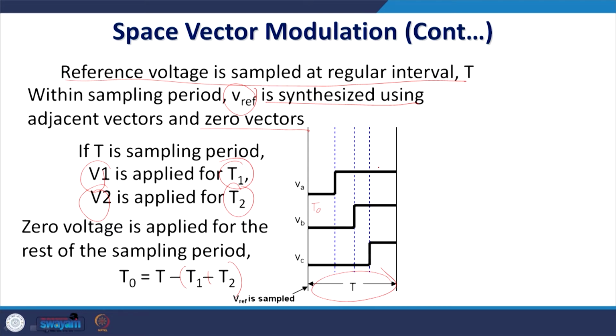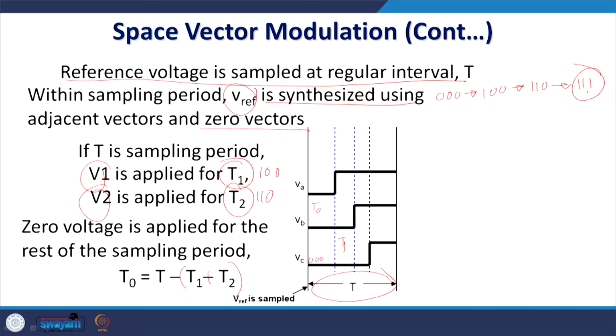Thereafter, as I see, this is 1 0 0, thereafter 1 1 0, that means after a time interval T1, this V B will go high. Since it starts from 0 0 0, we want to have a 1 bit change. So, it will start from 0 0 0, thereafter it will go to 1 0 0, thereafter since it is a 1 bit change, it will be 1 1 0, thereafter it should go to 1 1 1 to incorporate the null vector.